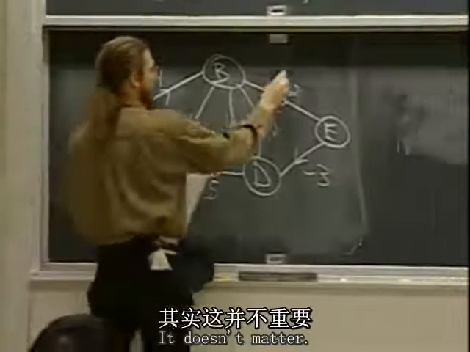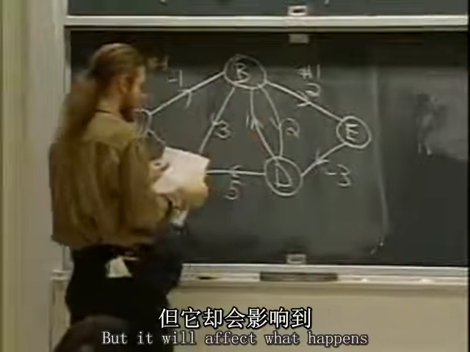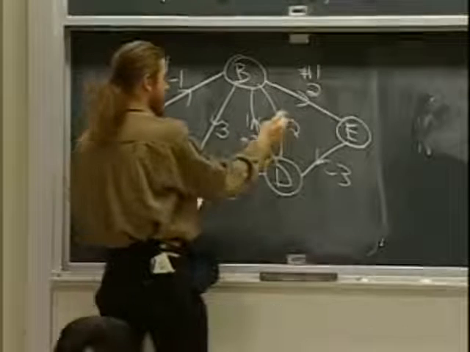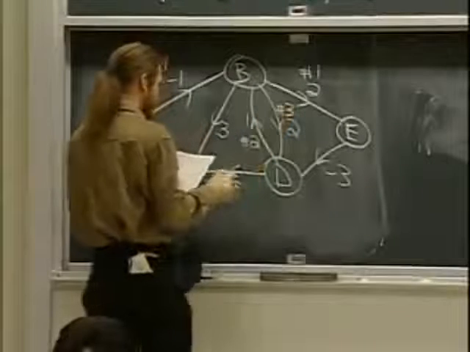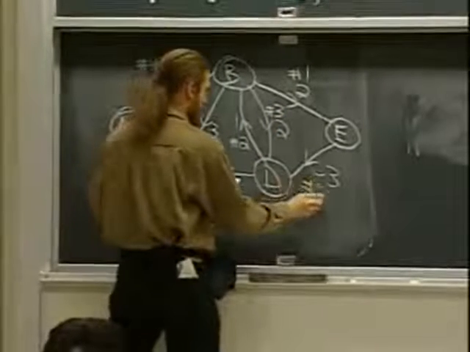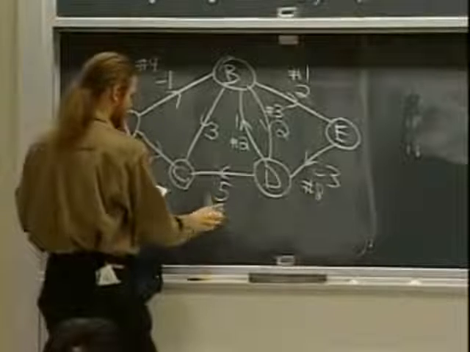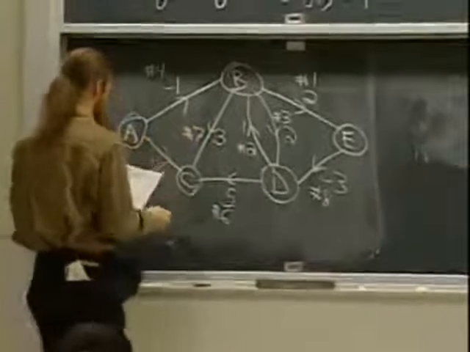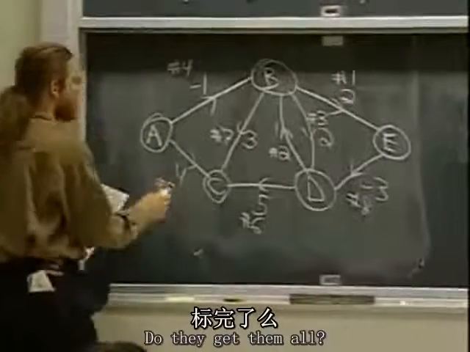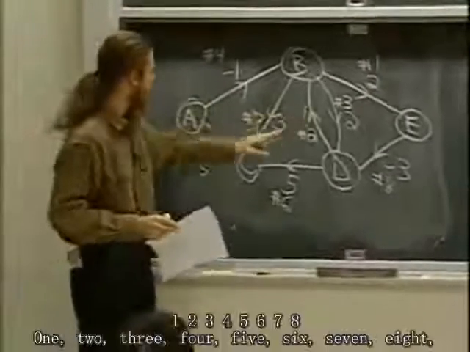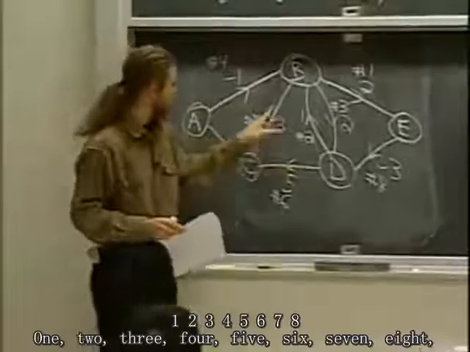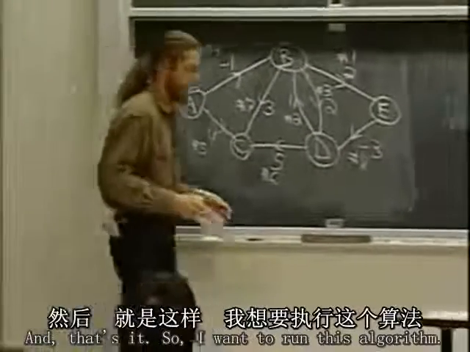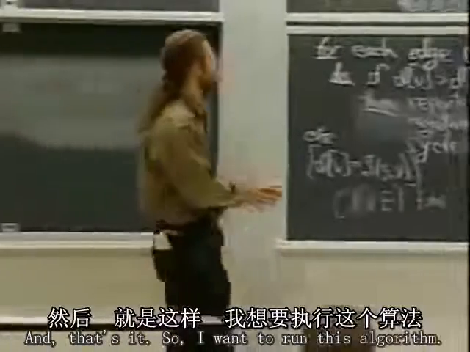It doesn't matter, but it will affect what happens during the algorithm for a particular graph. 1, 2, 3, 4, 5, 6, 7, 8. And my source is going to be A. And that's it.